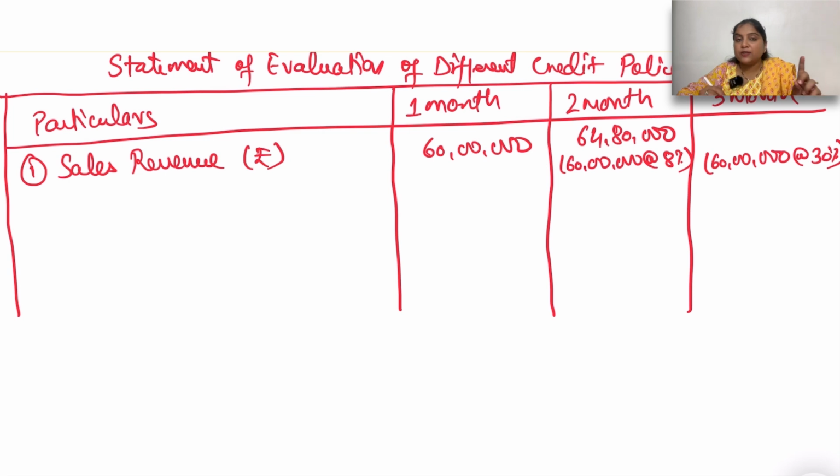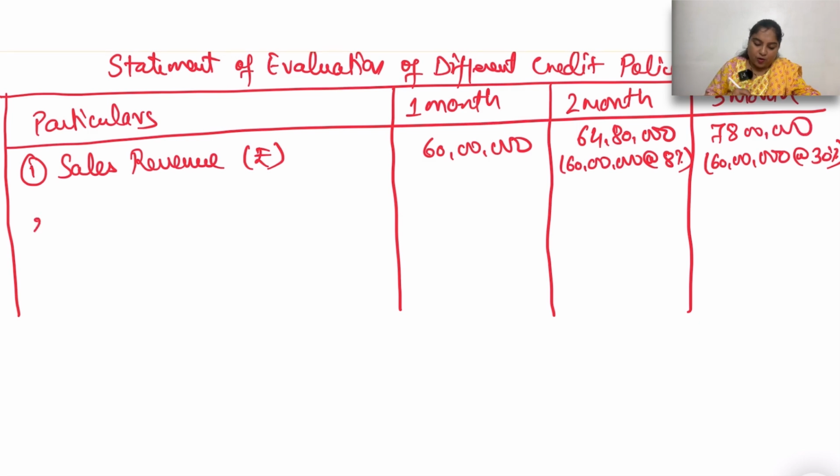I have given such questions in your test papers, and some advanced students computed 30% on 64 lakh 80,000. Don't do that. Do it only on the initial figure, until and unless the question specifies something different. So 30% on the 60 lakh gives 18 lakh, total 78 lakh.